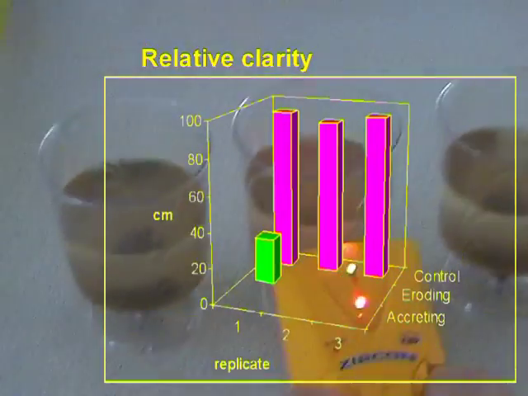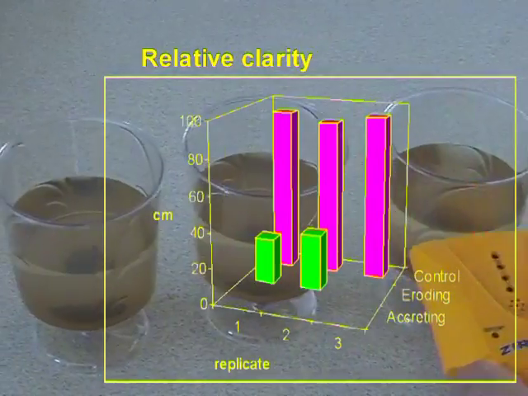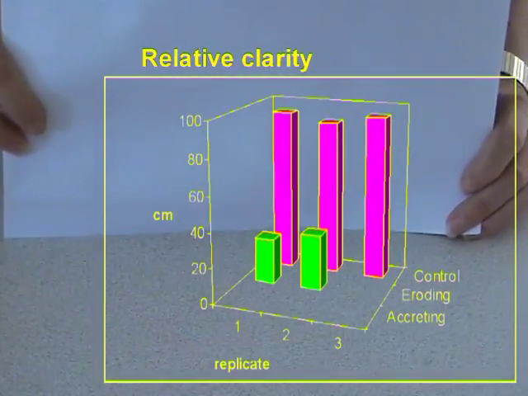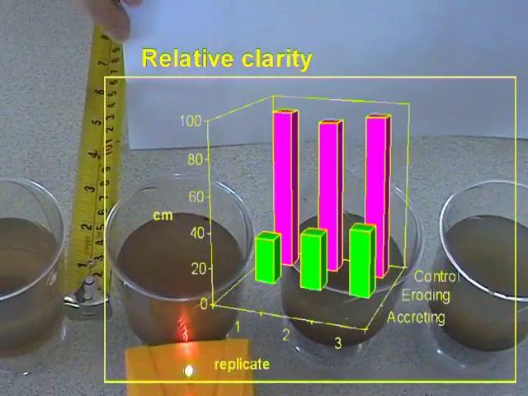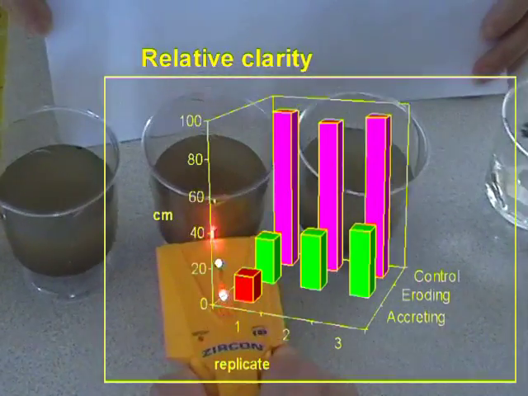This meant that the particles settled a lot more quickly on this side of the river. This is reflected by a long distance from which the light can be seen reflected on the piece of paper, but it's not quite as long as the control.